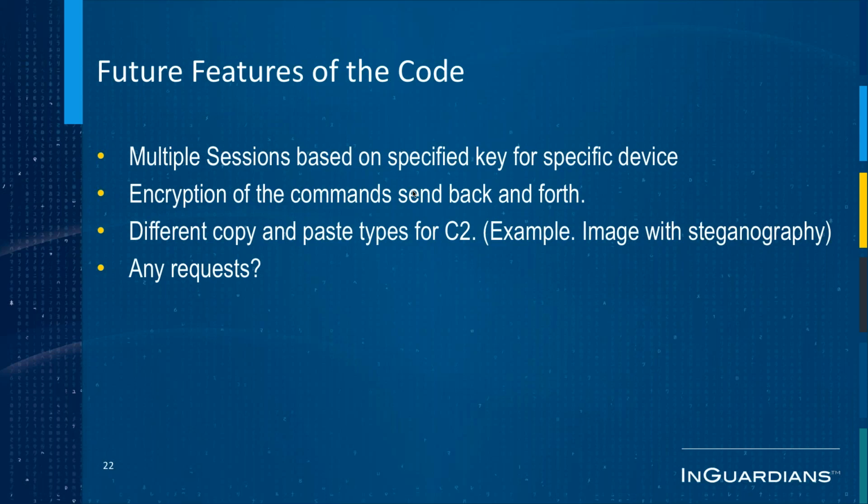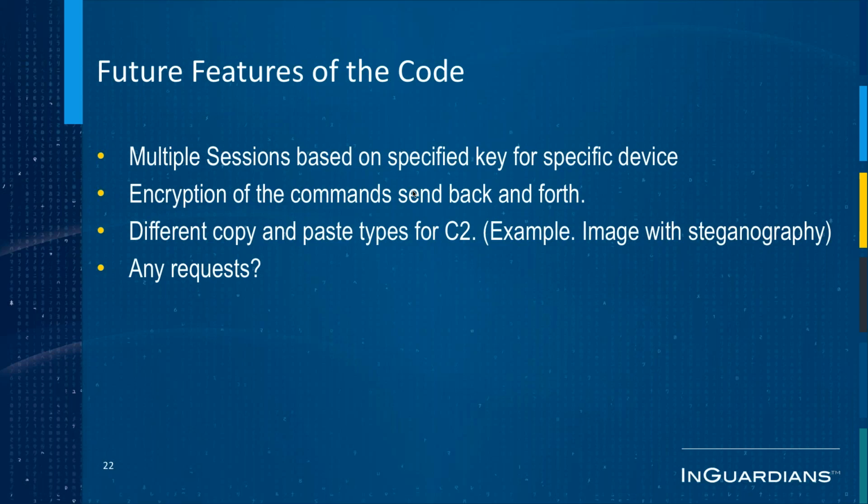The other piece is having multiple different types of copy and paste types. The one type that we've been using for this whole demo and this tool has been the Unicode text-based orientation of the copy and paste functionality in Windows. I'm looking toward more of an image-based type also, so that we can do a little bit more steganography and have some of the command and control within an image.